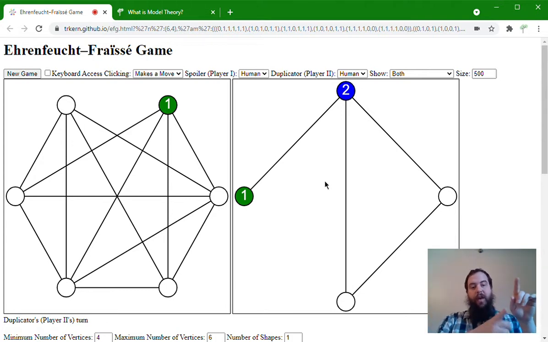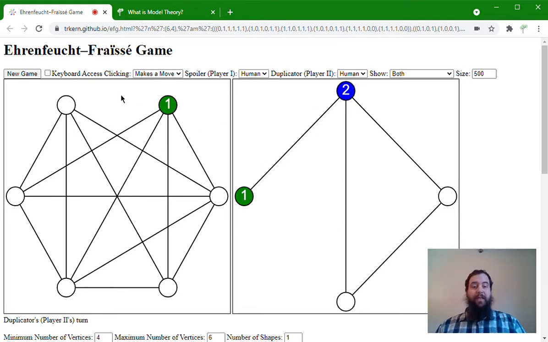So on the right graph, vertex 1 and vertex 2 are connected to each other. And so duplicator has to match up vertex 2 so that vertex 1 and vertex 2 are also connected to each other on the left graph. So if the vertices are connected on the right graph, then they have to be connected on the left graph. And if they're not connected, then they have to be matched with vertices that are not connected. So for instance, duplicator can't go in this top left vertex because then vertex 1 and vertex 2 wouldn't be connected here, but they would be connected here.